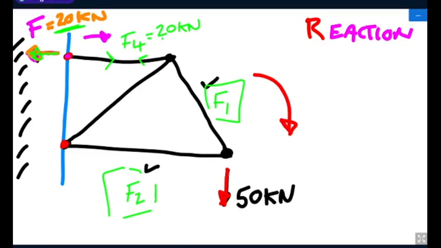It's 20. I will say 1 kilonewton is 1 centimeter, perhaps. Perhaps not, it'd be massive. Let's say 10 kilonewtons is 1 centimeter. So 10, so we've got 5.